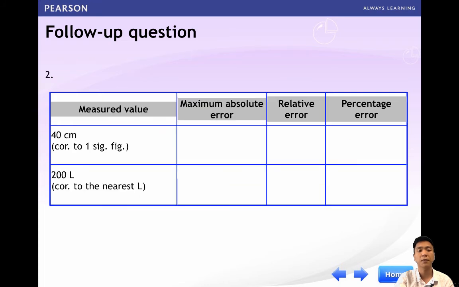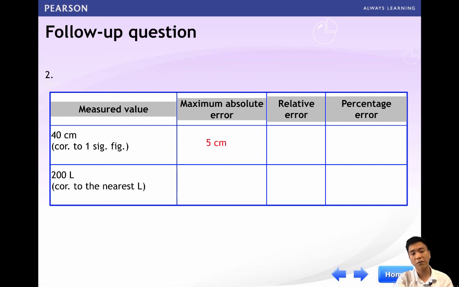And this table is a measurement. So we get the maximum absolute error. Because it is correct to one significant figure, that means it is correct to 10 cm, and then times 1 over 2, we get 5 cm as the maximum absolute error.